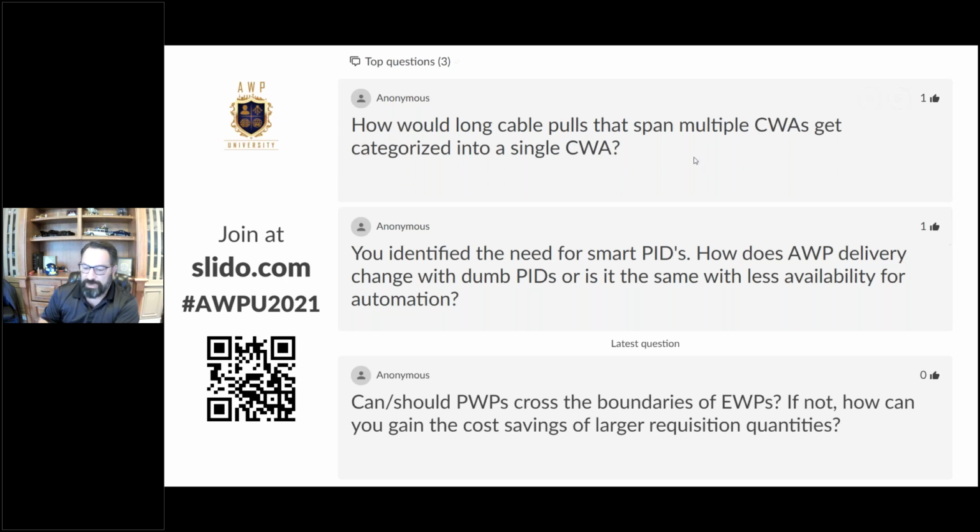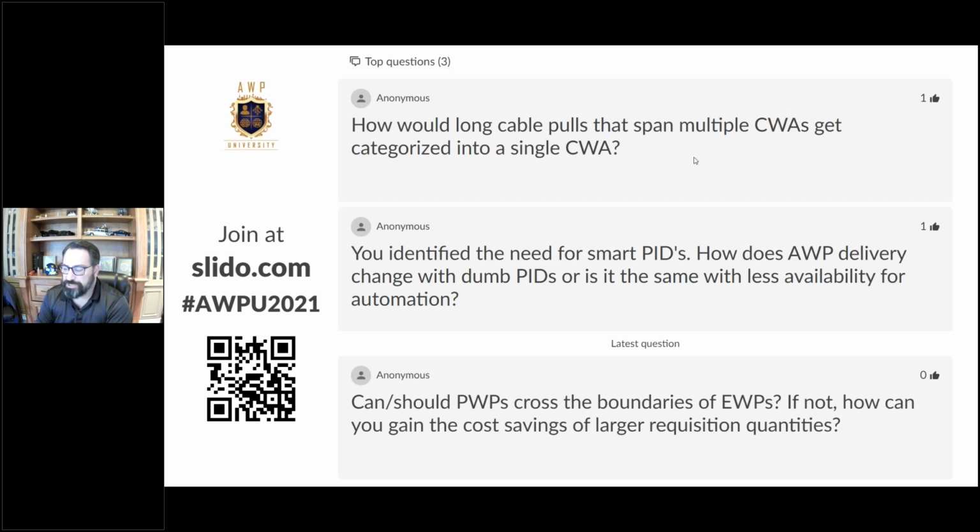So often, depending on the scope of a project, we will make specific CWAs to grab large cable pulls. There will be, in essence, discipline-specific CWAs for a lot of engineering aspects of E&I, because you have to in order to grab some of those cable pulls.